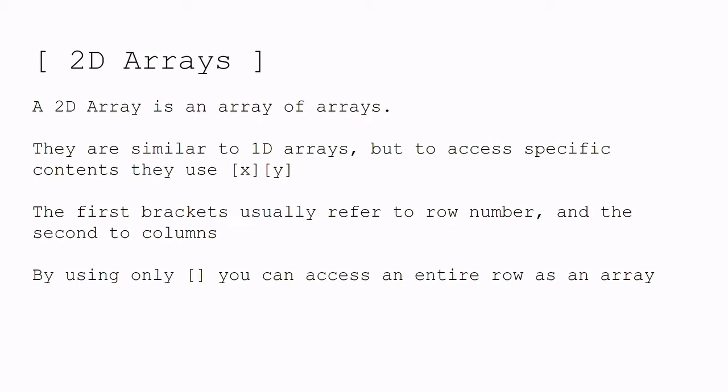The first bracket usually refers to a row number and the second to columns to make a rectangular matrix. And if you only use the first bracket, then you can access the entire row.